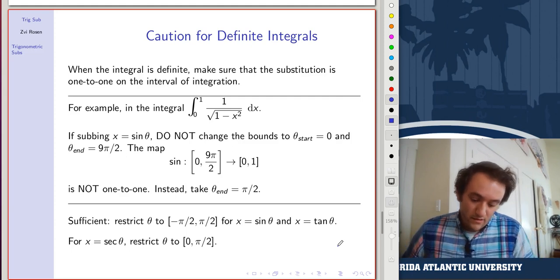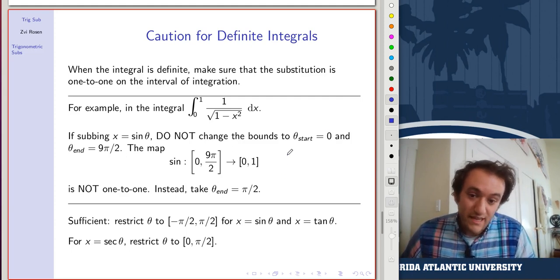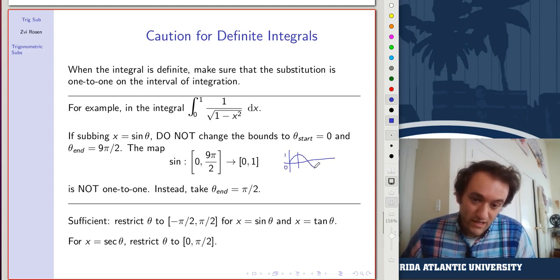If you think about what the sine curve looks like, going up to pi over 2, it goes from 0 to 1, and then it goes down again and up again and down again.